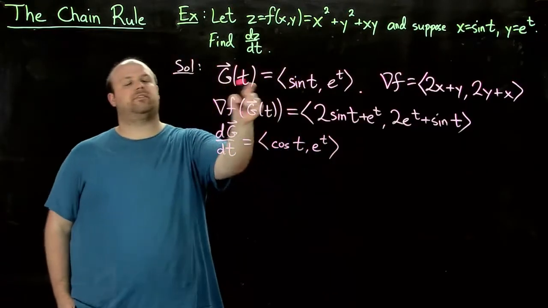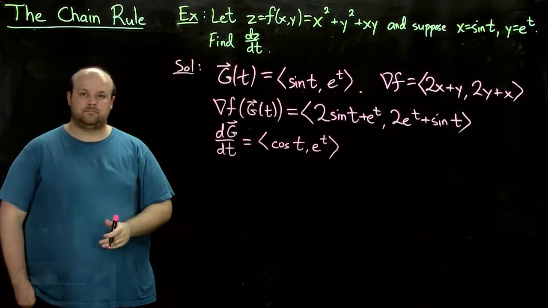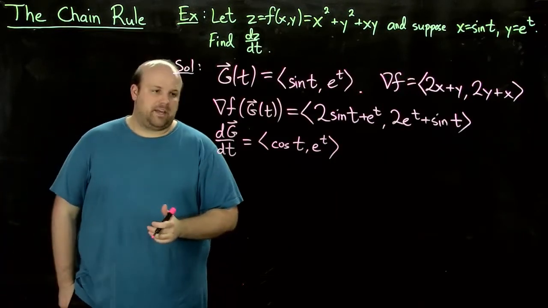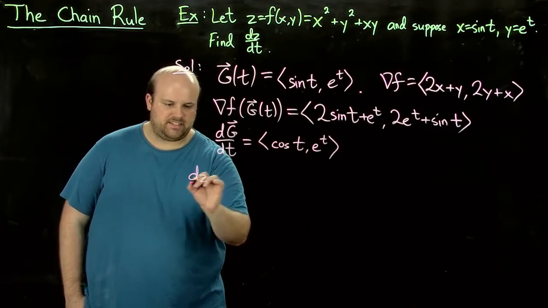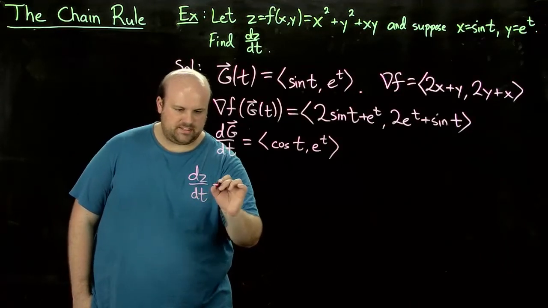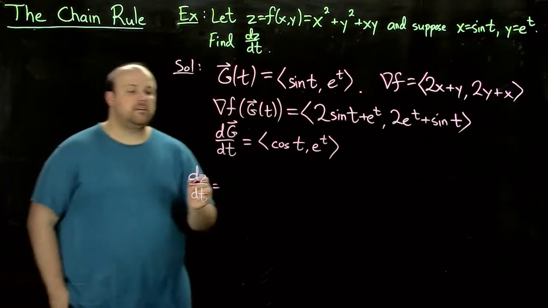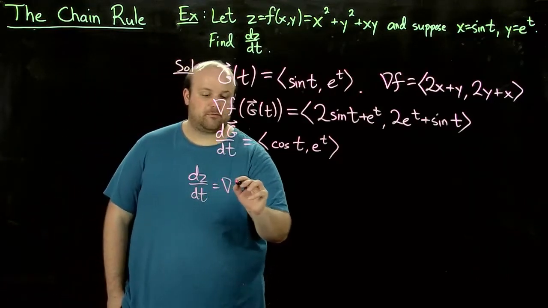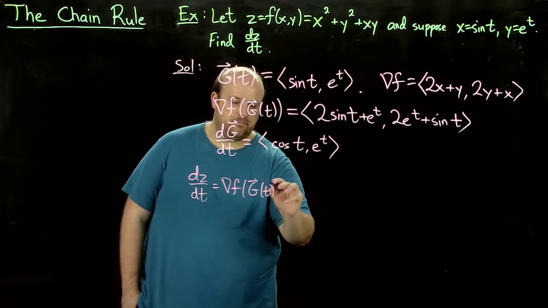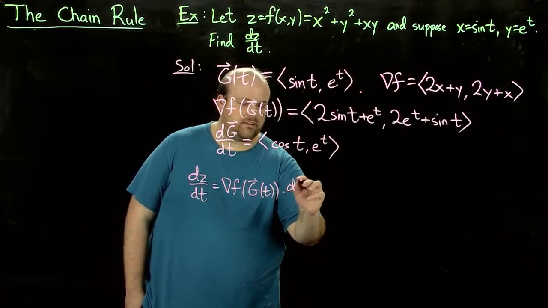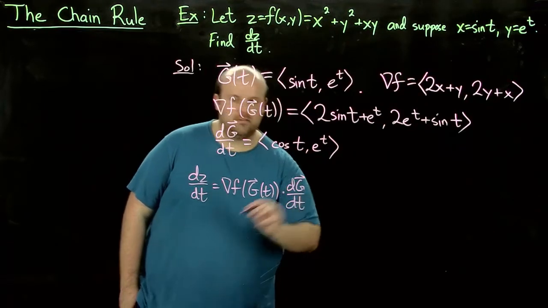That's the derivative of g with respect to t, just component by component. Okay, so now we can finally do the chain rule and find dz dt. Remember, this is just the gradient of f where we plug in g of t, dot product with dg dt.